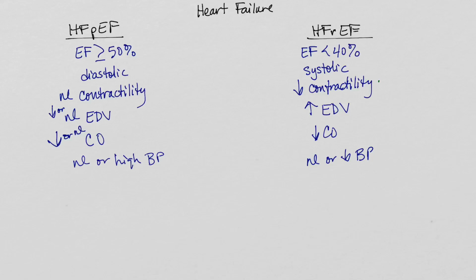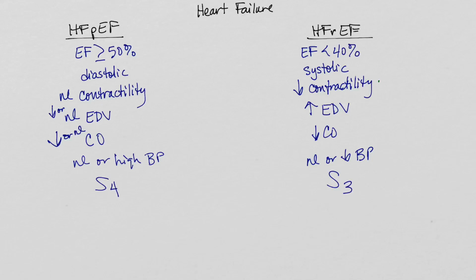Once you get an EF of around 5, 10, 15%, they may live at quite a low blood pressure. And of course, then we start treating them with ACE inhibitors and beta blockers, which you need to improve their chance of living. But then you're going to drop the blood pressure even more. So you often see a low blood pressure in these patients.